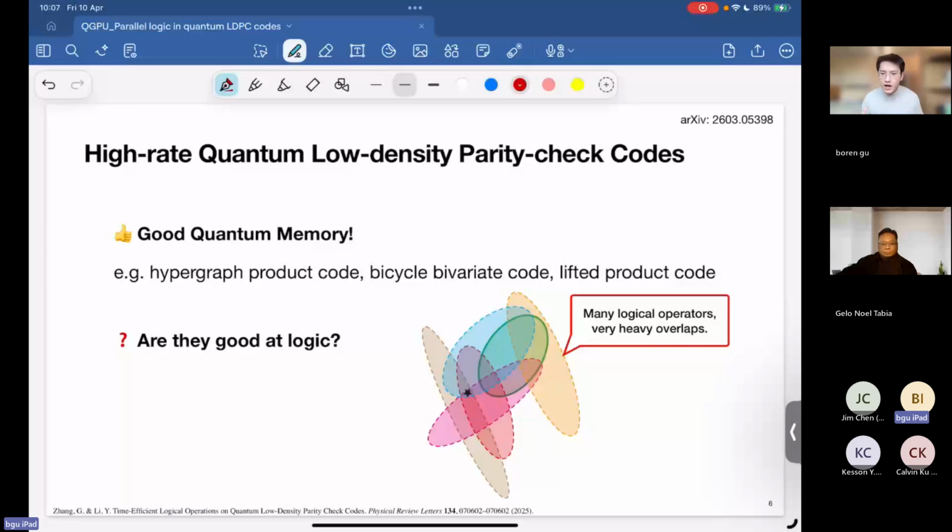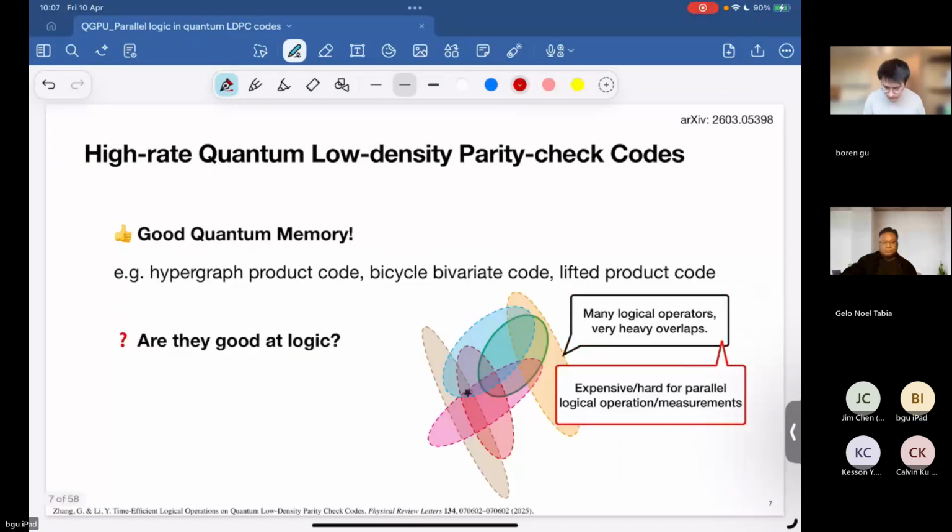It is really hard to get single logical addressability without triggering other logical operators simultaneously, so it is hard to realize parallel logical operations or measurements.